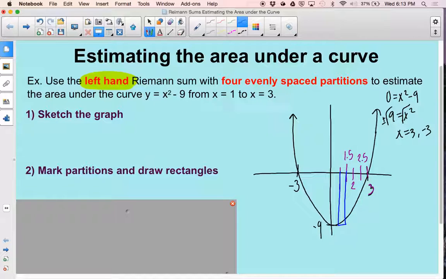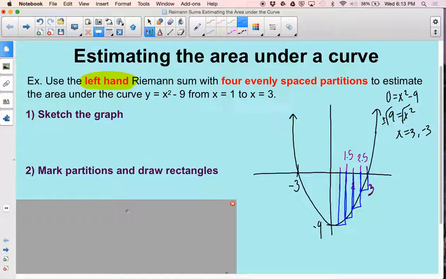Then I'm going to go from 1.5 down to the function, over and up. And now 2 down to my function, over and up. And then 2.5 down to my function, over and up. And I don't need to do it from 3 because I've already finished my 4 rectangles.